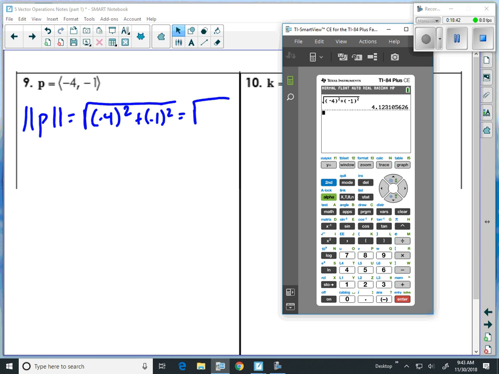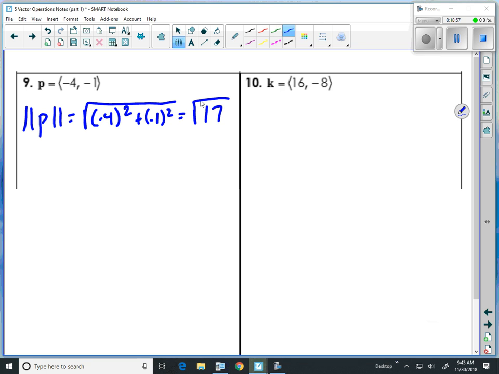Here's what I would do from there. Take out the radical. So just do -4 squared plus -1 squared. You get 17. That lets us know that we're going to have the square root of 17. If we have the square root of 17, can I break that down?